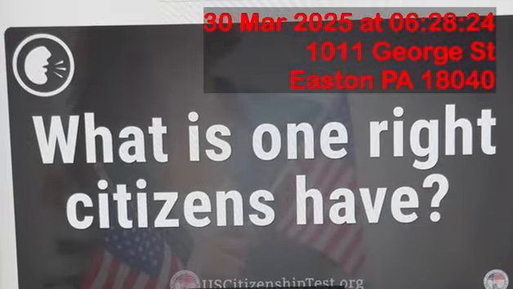What is one right citizens have? Citizens can vote.